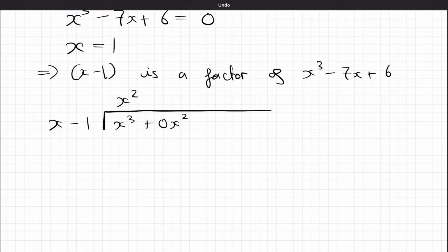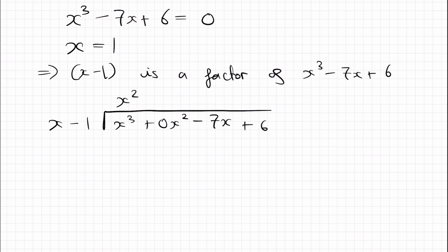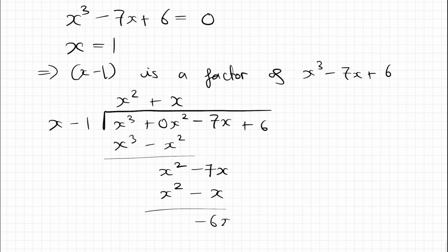Then we get this, which gives us that, and we do that again. Finally, we're left with this, which we can just put minus 6, and we'll get our second factor.